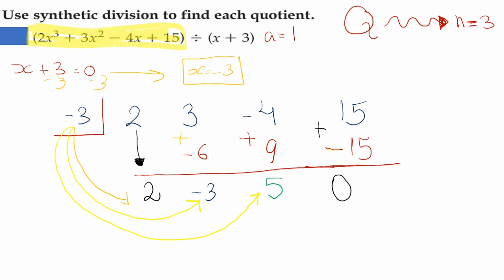So we should guess that our answer will be of highest degree n minus 1. 3 minus 1 is 2. That means this is the highest degree, or the coefficient of the highest degree. So let's write it again.